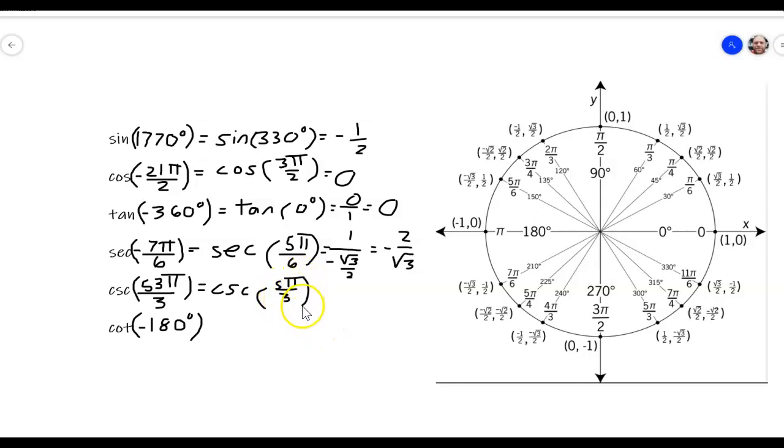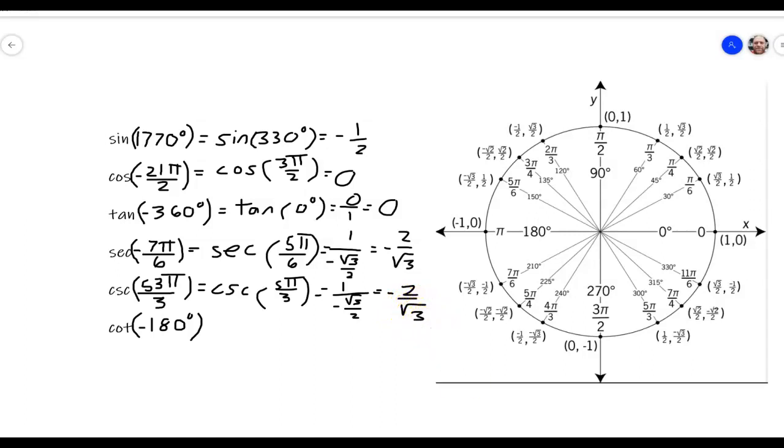And the cosecant is 1 over sine, so this is equal to 1 over sine of 5 pi over 3. 5 pi over 3 is right here. The sine is negative root 3 over 2, and look at that. Negative root 3 over 2. And we're going to get the exact same thing we did for the last problem. So we're going to get negative 2 over root 3.